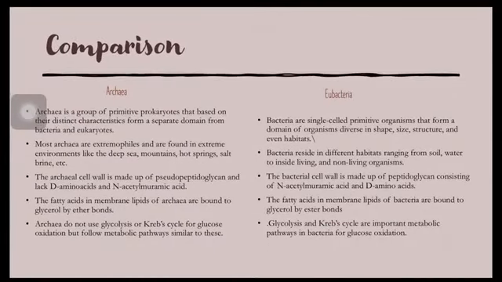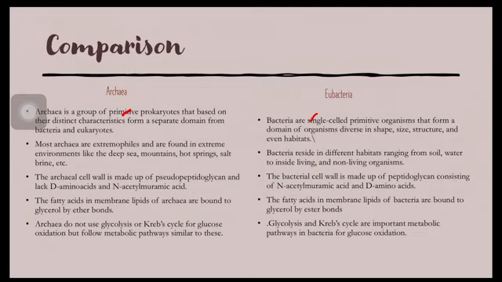Comparison with the true bacteria: Archaea, as mentioned, are primitive prokaryotes, and due to the presence of distinct characters they are separated into their own domain, Archaea. Eubacteria are single-celled primitive organisms too. They are present in various habitats and have diversity in shape and structure.